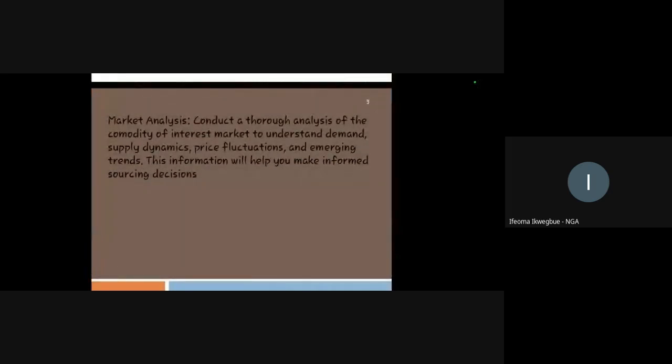To start with market analysis, this is very necessary in order for us to understand the dynamics of the demand and supply, and for us to also understand price fluctuation and emerging trends. Some of us go into this commodity trading without understanding the key concept of the market.